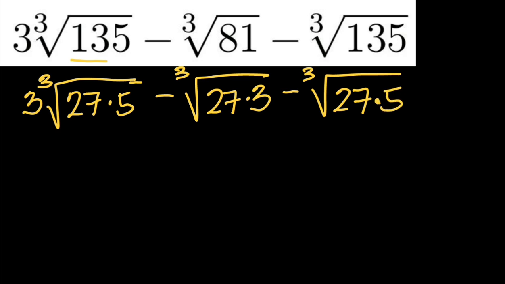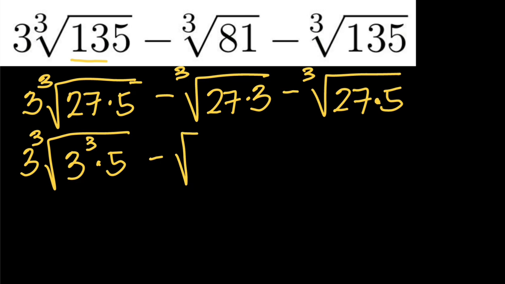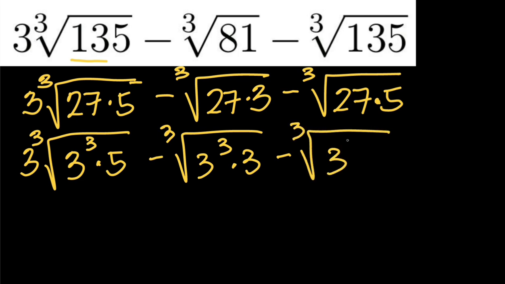Then this is just 3 times cube root of 3 cube times 5 minus cube root of 3 cube times 3 minus cube root of 3 cube times 5.